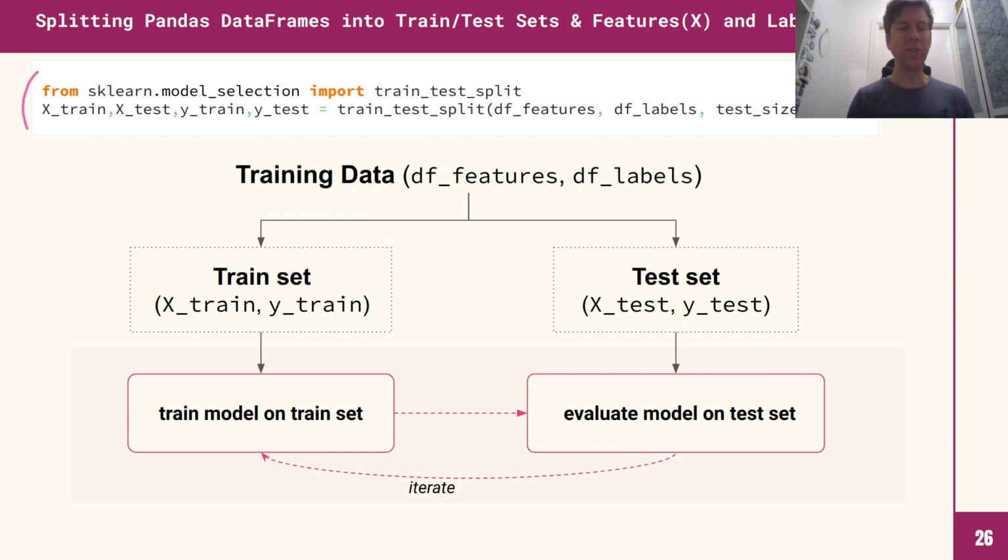We'll look at scikit-learn, which is a popular library for splitting your Pandas DataFrames. You can pass as input your data frame of features and your data frame of labels and say, well, I want 20% of the data to be in the test set, and what you get back are 4 different data frames. Now the 4 different data frames refer to the train set, and the train set consists of features and labels.